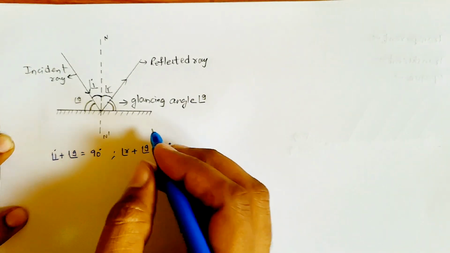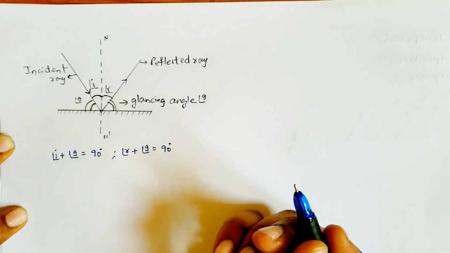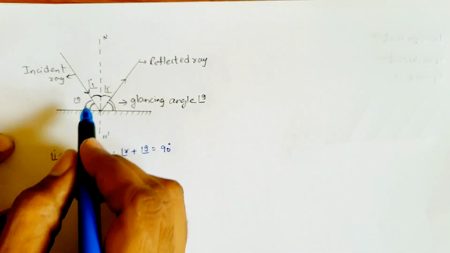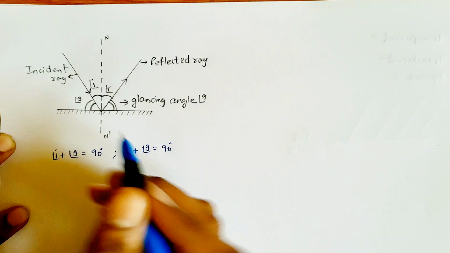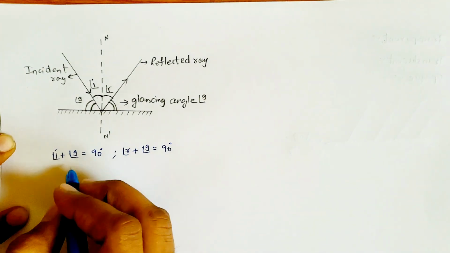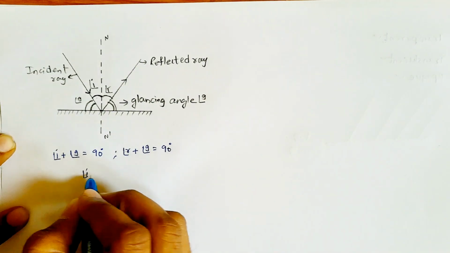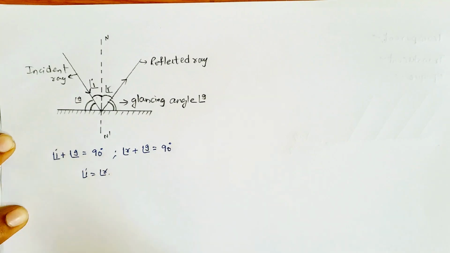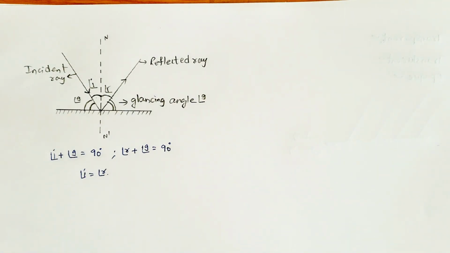And you know already from laws of reflection that angle of incidence is equal to angle of reflection, correct? So angle of incidence is equal to angle of reflection. So now how they'll ask you questions on this.